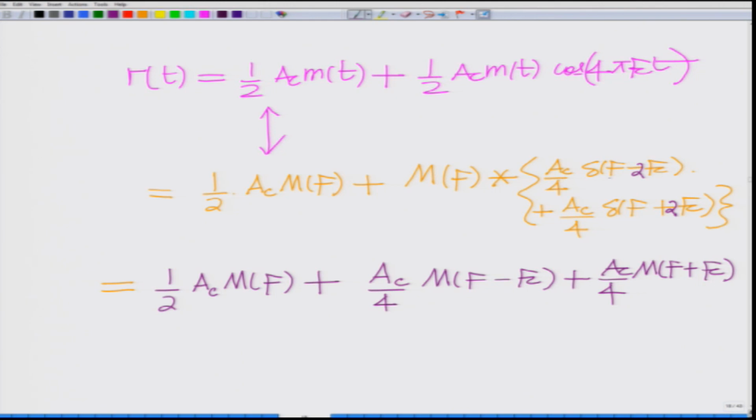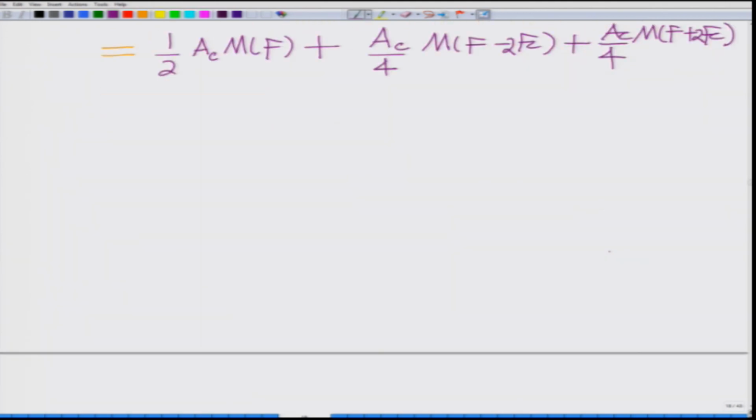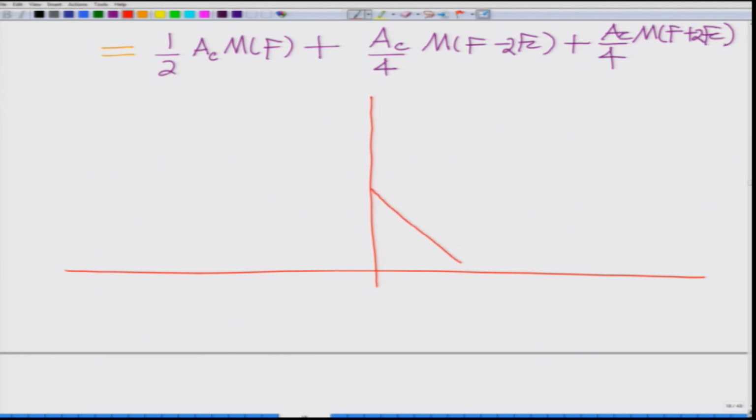So, this is A c over 4 delta f minus 2 f c plus A c over 4 delta f plus 2 f c, that is A c over 4 M f minus 2 f c and A c over 4 M f plus 2 f c. Therefore, when I draw the spectrum of this, I am going to have the baseband component, correct, that is your half A c M f, that is going to be there.